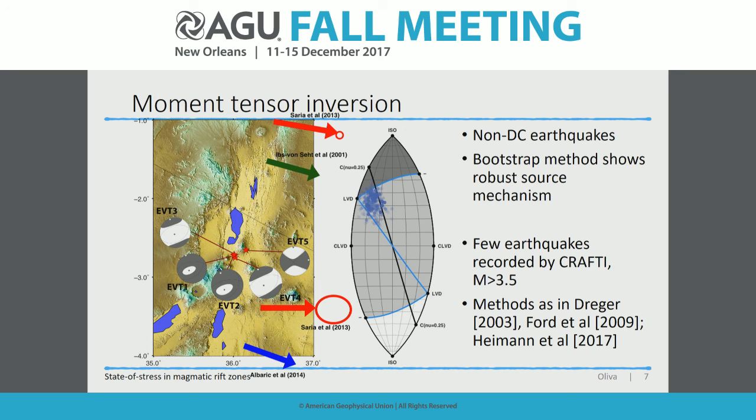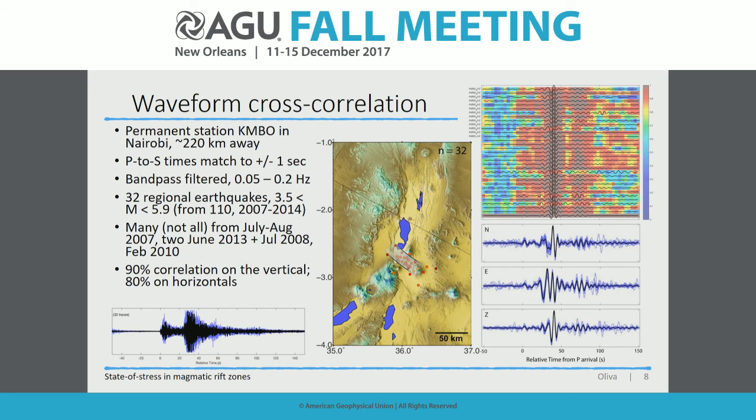But there were only a few earthquakes recorded by this network, so we wanted to look at other earthquakes, figure out if this was related to the 2007 earthquake. So what we did was look at KMBO, which was the permanent station in Nairobi, bandpass filtered the waveforms to the same frequencies used for moment tensor inversion, and found out that yes, a lot of the earthquakes from 2007 matched the 2013 earthquakes, and also found other two earthquakes in that time period that matched 90% correlation in the vertical and 80% on the horizontal, which is pretty good.